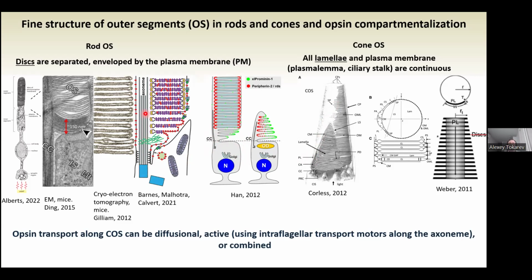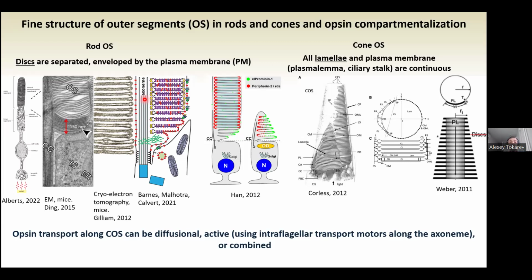Okay, and people know that there is an axoneme, and there are some molecular motors which go along this axoneme. And the problem is that nobody knows now what these motors do. What do they carry actually?